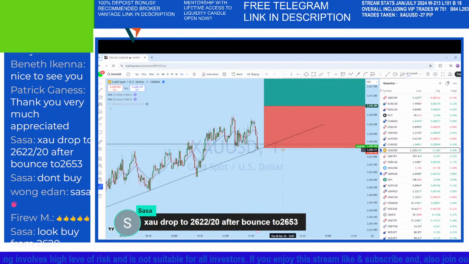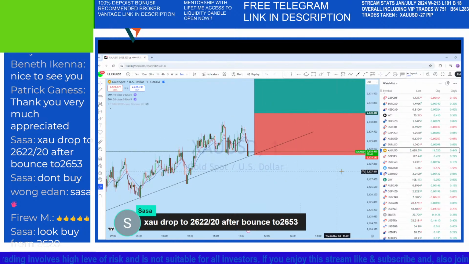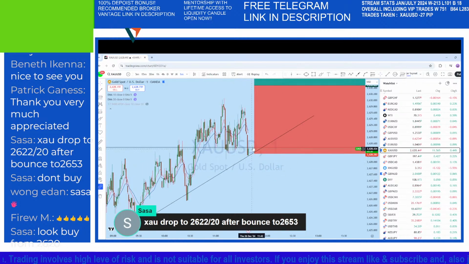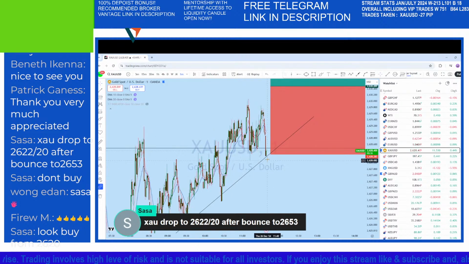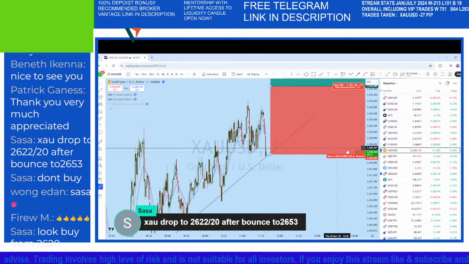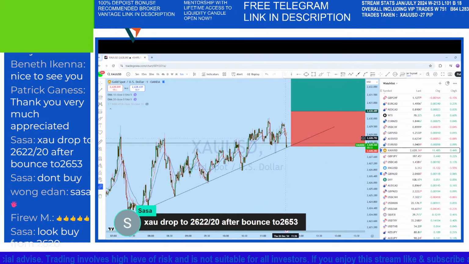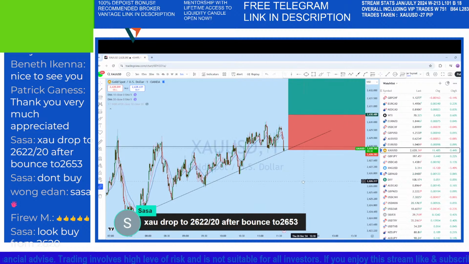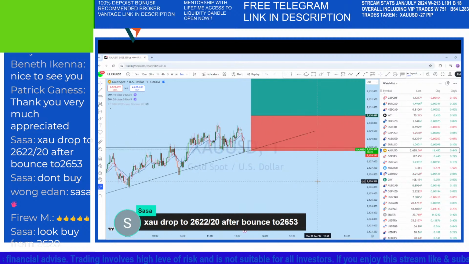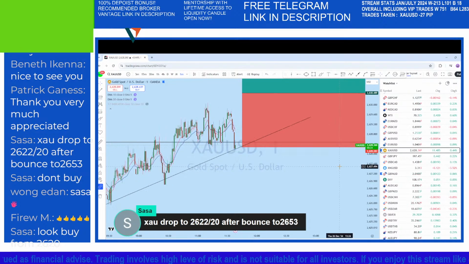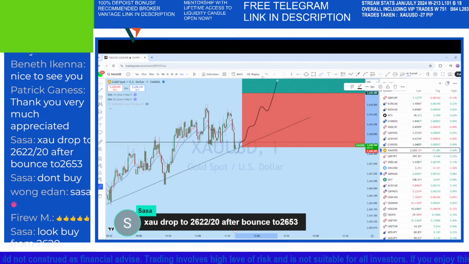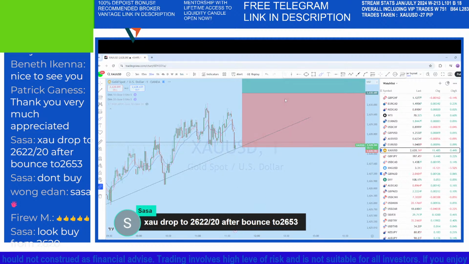So you can see the market, this is a support level here, and with that support, what we can expect is for the market to trend in that direction. So here is the gap open, and with this gap open, expecting the market to trend in that direction to create a new higher high.